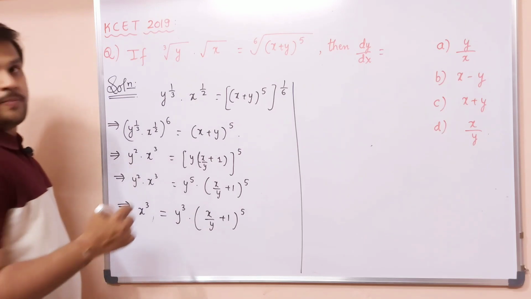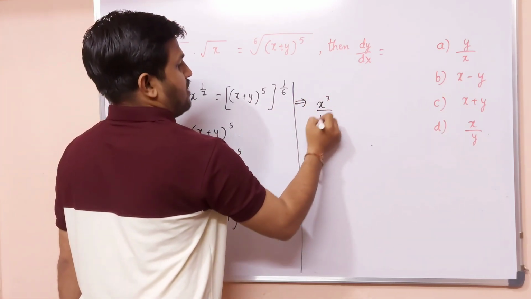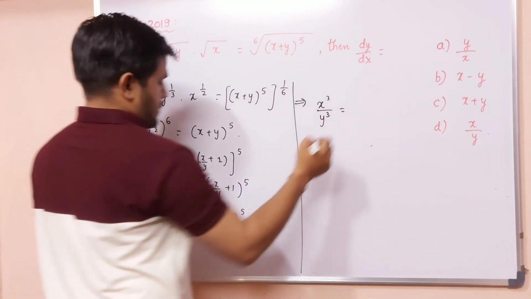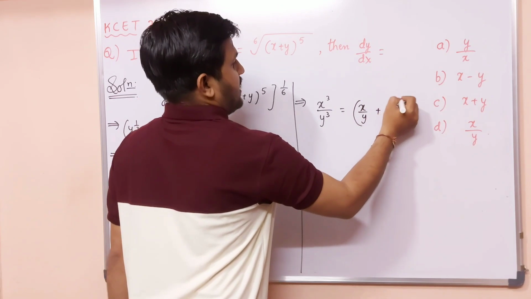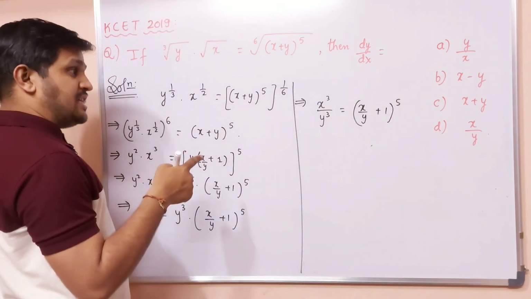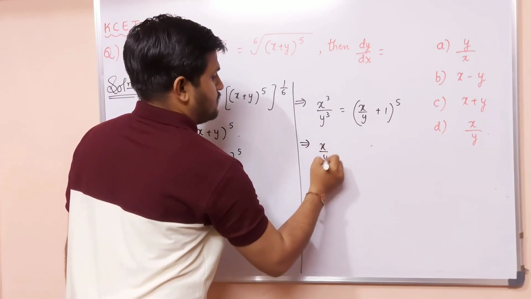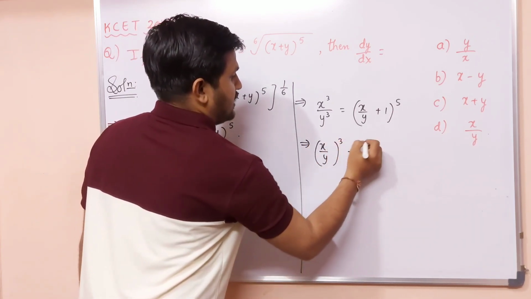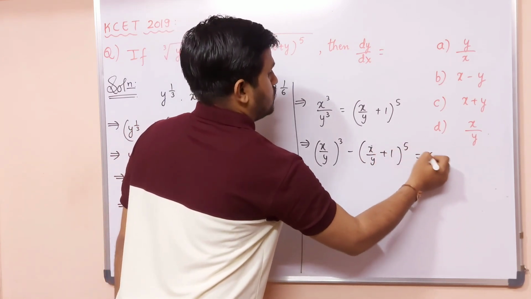Shift this to this side. So here you see x cube by y cube is equal to (x by y plus 1) whole power 5. Now this function is of the form f of x by y, because (x by y) whole cube minus (x by y plus 1) whole power 5 is equal to 0.